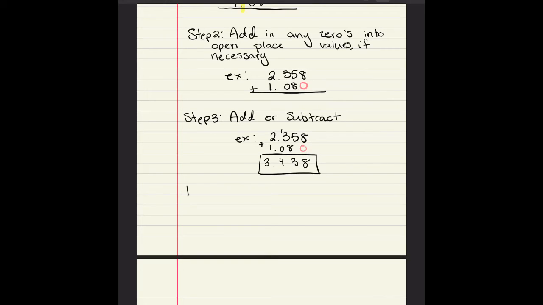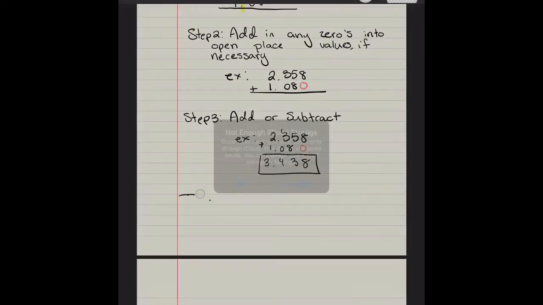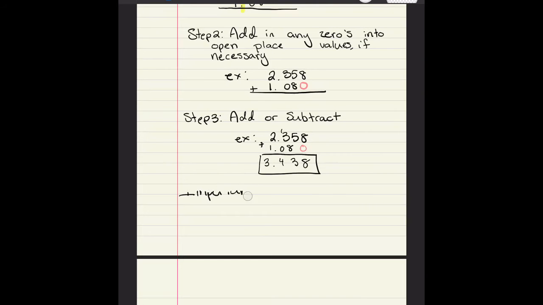Okay, important reminder. Actually, I'm going to write this in red. That's how important it is. It deserves to be written in red ink. That's how important it is, man.